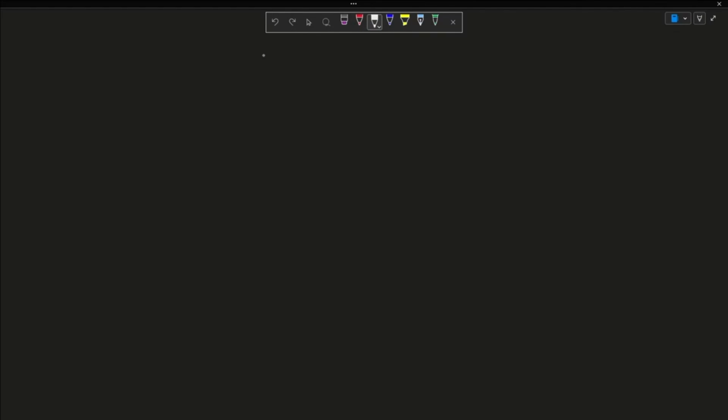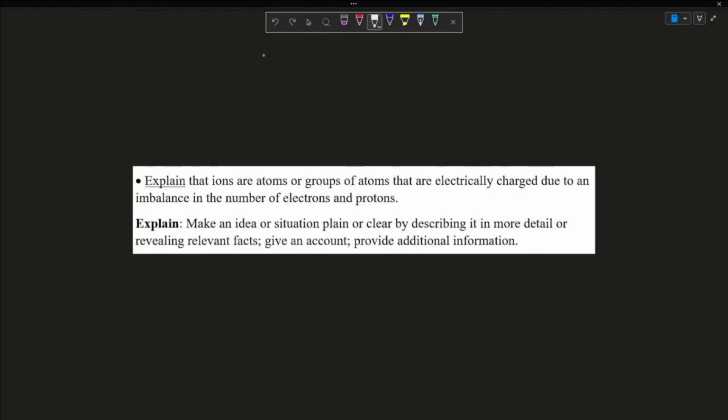So we've just completed our second dot point and described that isotopes are atoms of the same element that have different numbers of neutrons. Now our third point is to explain that ions are atoms or groups of atoms that are electrically charged due to an imbalance in the number of electrons and protons.